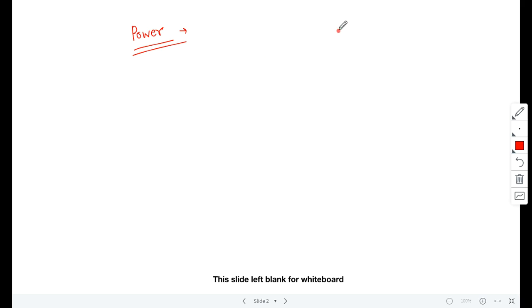The graph and ohmic and non-ohmic conductors. So this is a graph, and this is the graph of Ohm's law. Ohmic conductors are conductors which follow Ohm's law, and non-ohmic are conductors which don't follow Ohm's law.